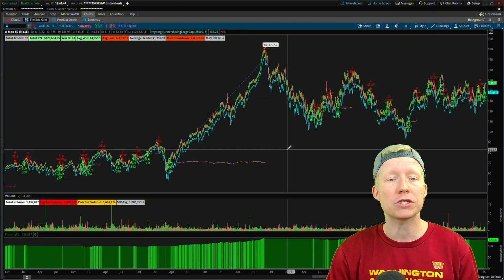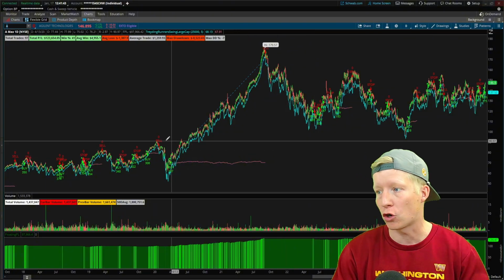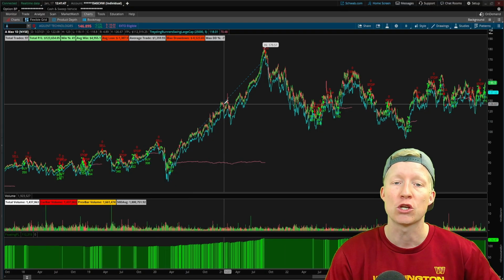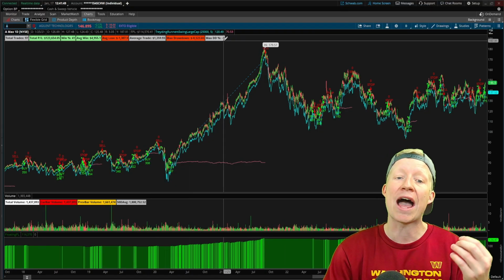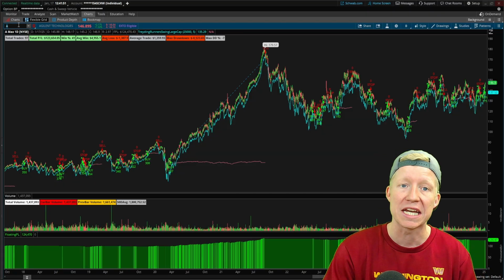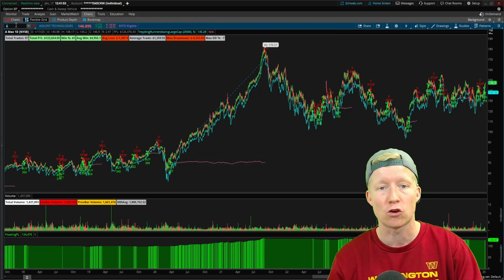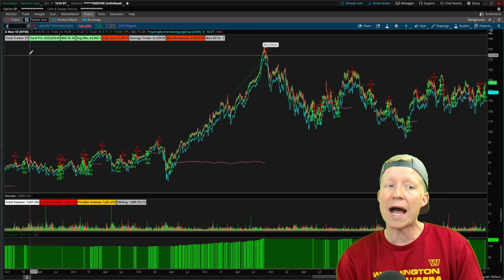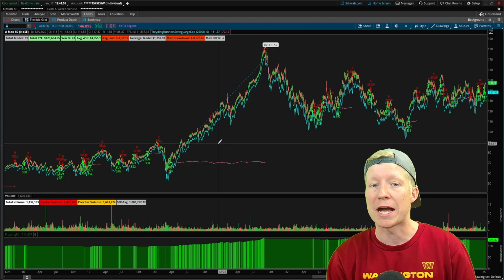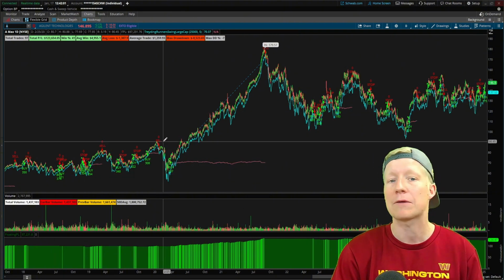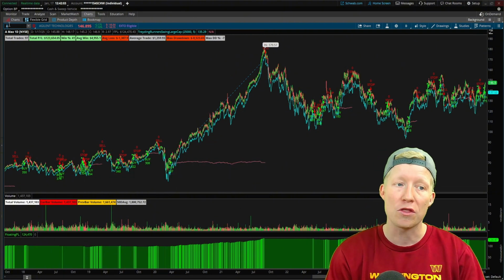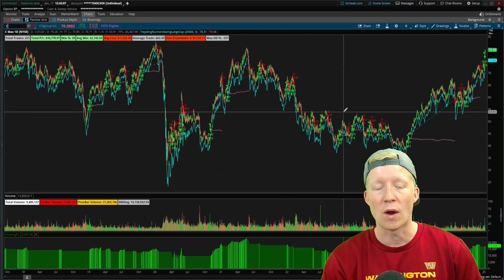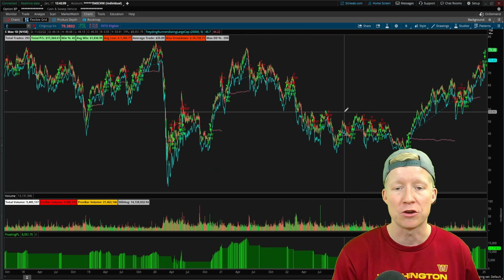Also, once you start to do these comparisons, I've turned on another strategy now. We're back to my runner's swing continuation strategy. Looking now at this strategy and comparing it to the statistics of my reversal strategy, I can look at things and be like, okay, well, why does this strategy work better on this chart? What kind of market structures are going on this chart versus maybe why does it not perform so well on this chart compared to the other strategy?